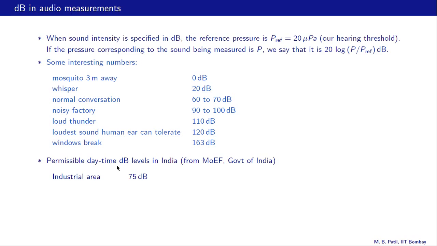So these are the daytime dB levels. Industrial area, the sound is not supposed to be louder than 75 dB. Commercial area 65 dB. Residential area 55 dB. And silence zone such as a hospital 50 dB.